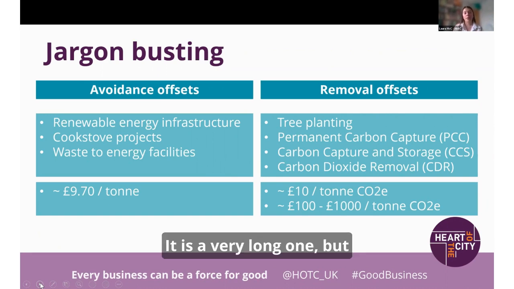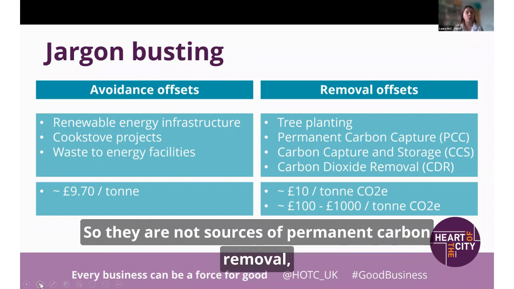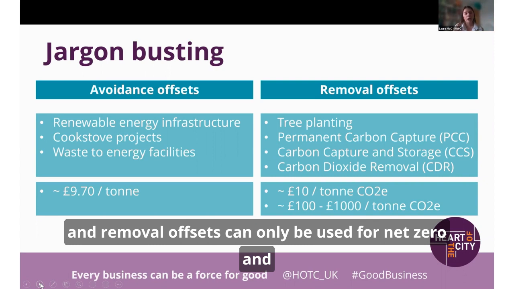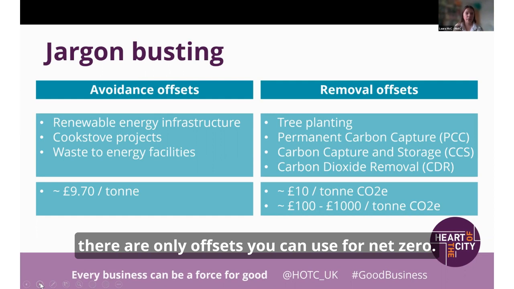It is a very long one, but they eventually do die. So they are not sources of permanent carbon removal, whereas the three bullet points listed below are examples of permanent carbon removal. Both of those can be used for carbon neutral, and removal offsets are used for net zero, and they're the only offsets you can use for net zero.